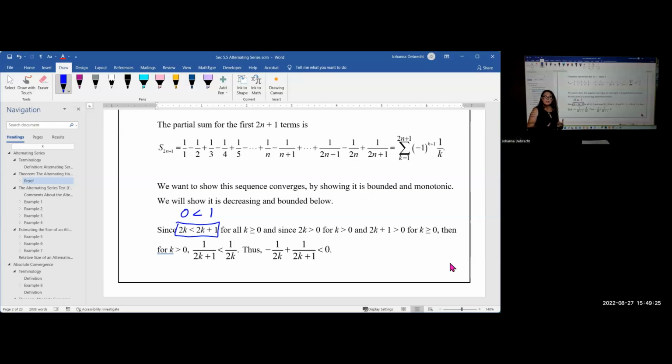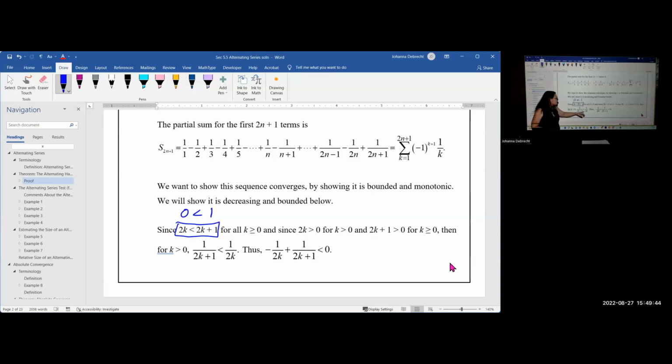We have to show that they're both positive to be able to do that without reversing the inequality symbol. And we saw this when we were studying the comparison test. So now what we have is 1 over 2k plus 1 less than 1 over 2k, provided that k is strictly positive. We don't want k to be 0 because then we have 0 in the denominator.